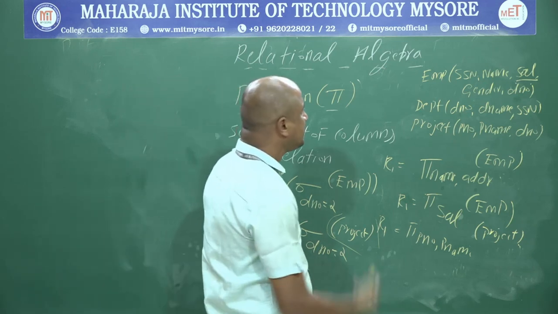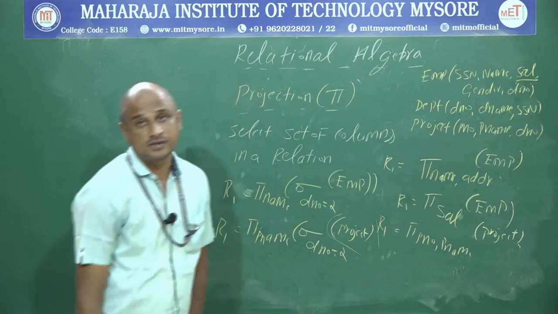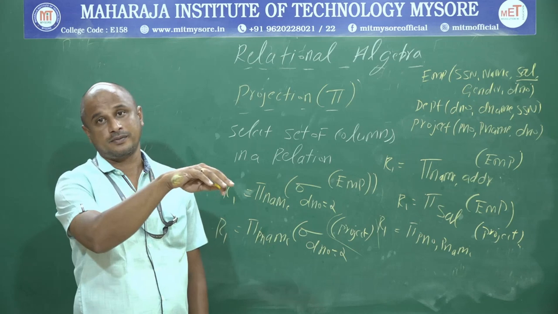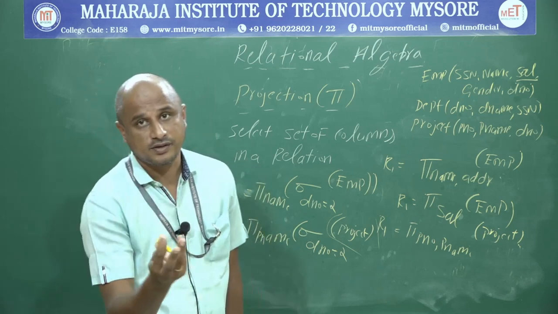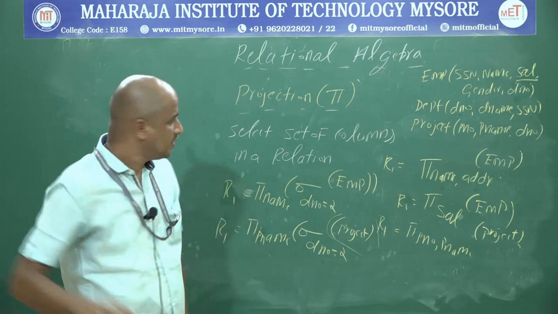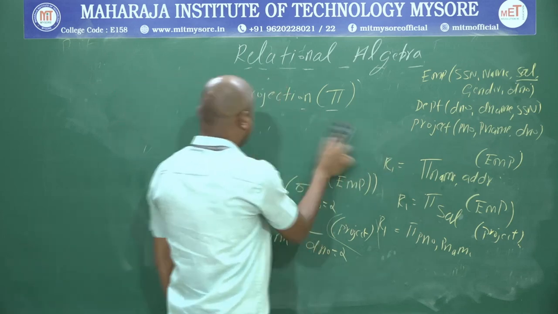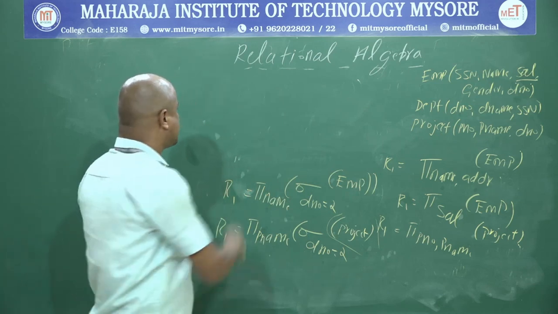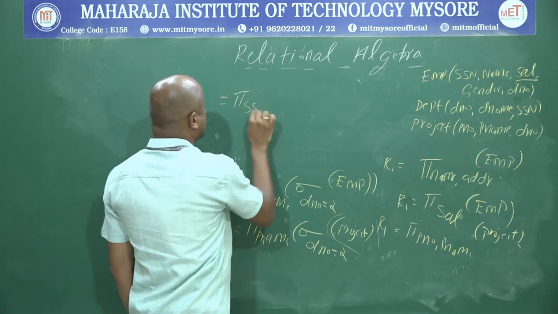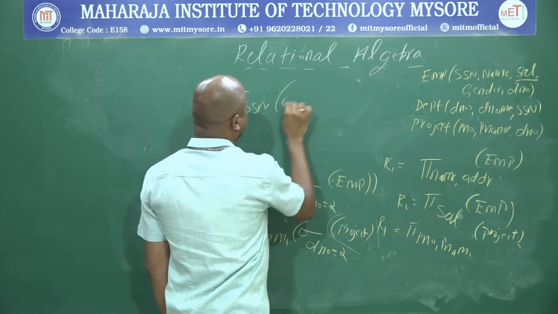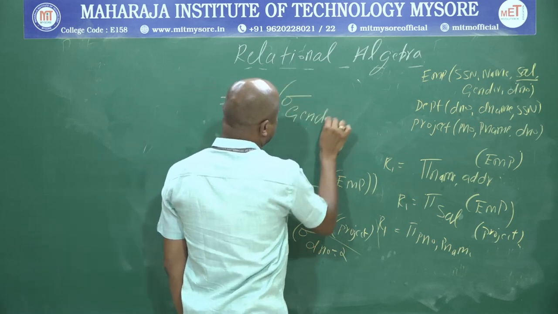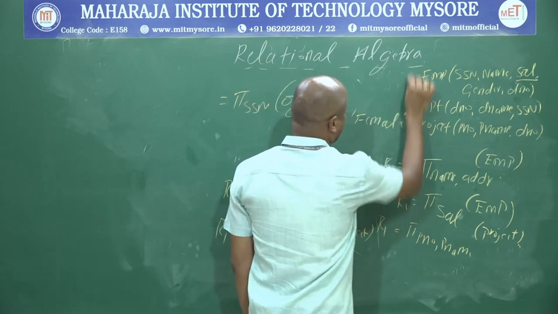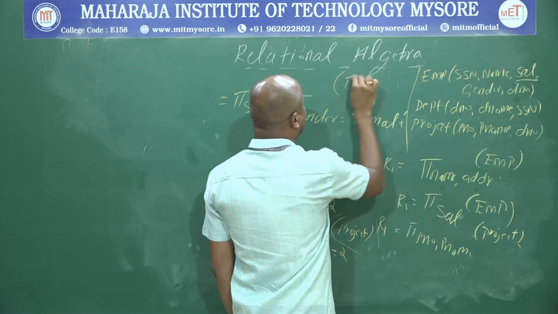You can also find the employee names, or find the SSN of employees, or the SSN of female employees. I can give it like this: find the female employee details. So find the SSN of female employee details, where gender is equal to female, from the employee table.